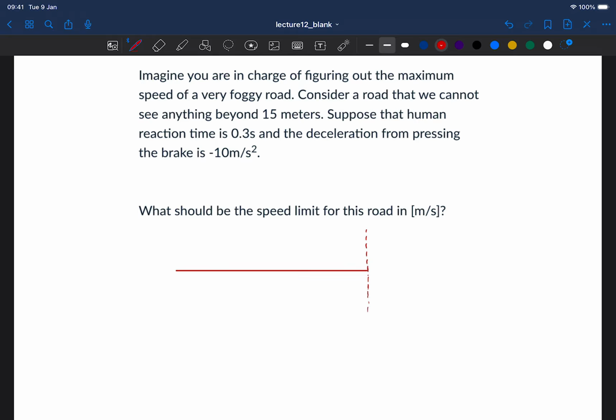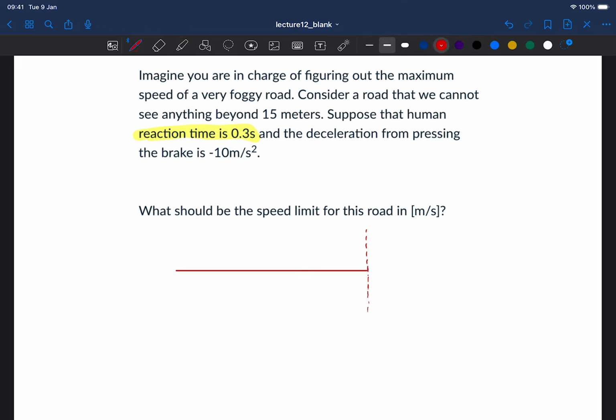But the point here is that there's the reaction time of 0.3 seconds. Reaction time means the time where you kind of freak out and you didn't do anything. So the car will still be moving. And then after that reaction time, you slam the brake and then you start to decelerate.